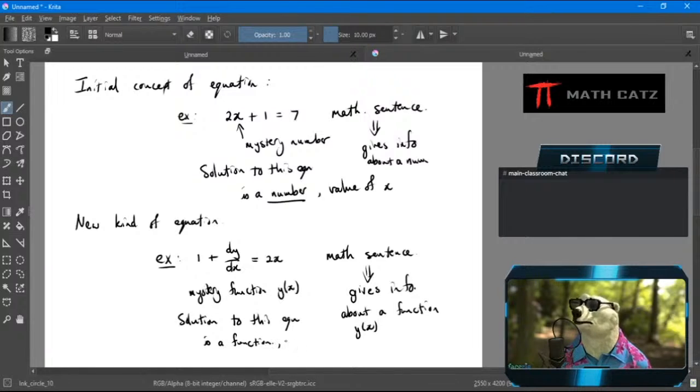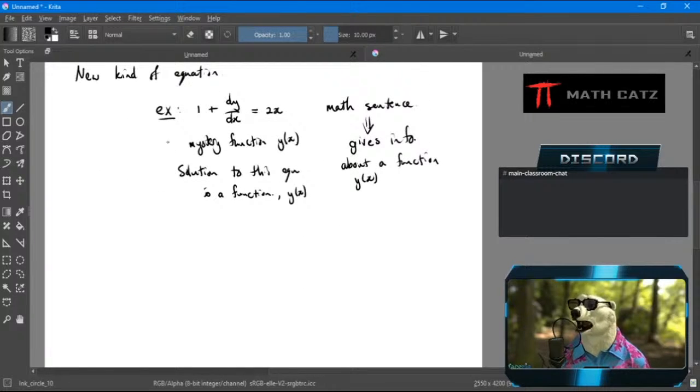Now that's going to be the function y of x. Now, yes, it depends on the complexity, just like before, where I could have multiple answers, but those answers are all going to be functions.